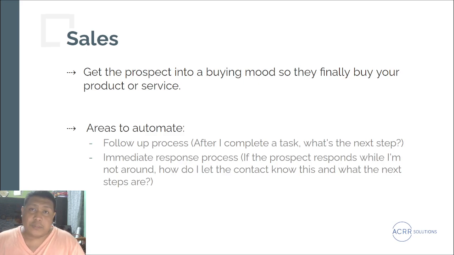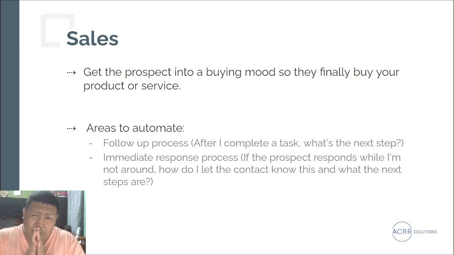The immediate response process is the only area I would say would be the communications that you would want to automate in the sales process. Say the prospect reached out to your salesperson, and the salesperson was not available.